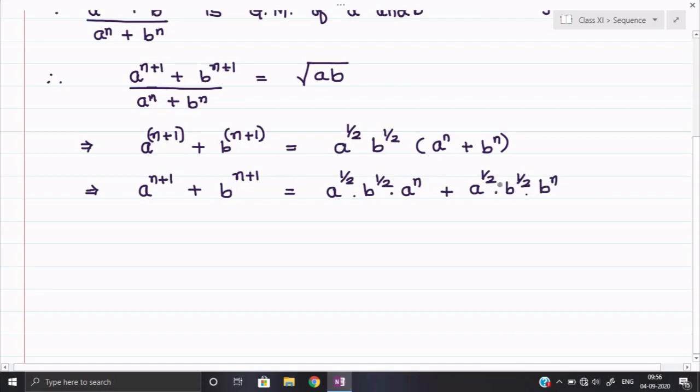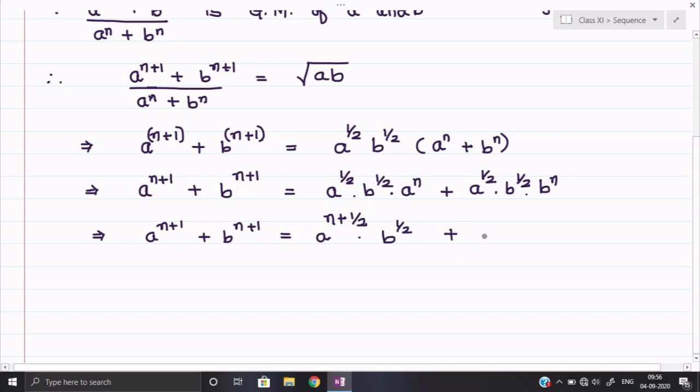These three terms will multiply. Further we write the LHS as it is, and this one now becomes a^(n+1/2) into b^(1/2), because both the a's have the same base, so their powers will be added.